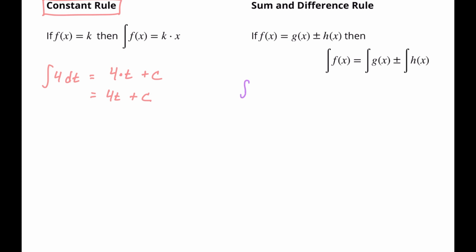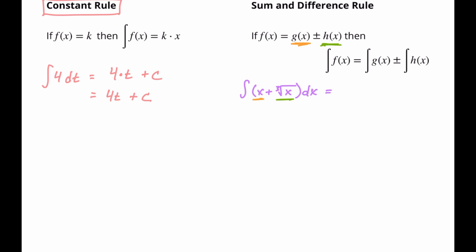So let's say we've got the integral of x plus the cubed root of x with respect to x. So now if I want to integrate these two things with respect to x, this would be like my g of x. This here is similar to this, and this here is like this piece right here. So we're taking the sum of these two separate functions.